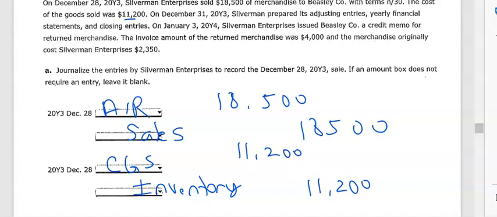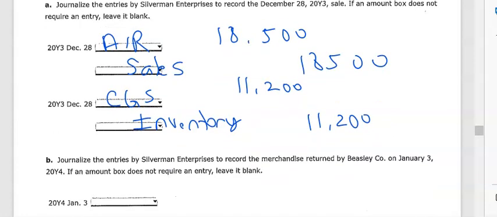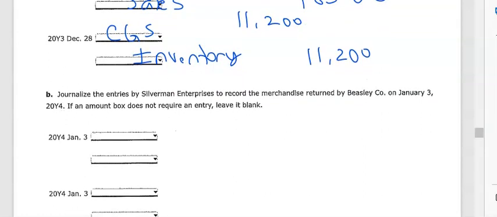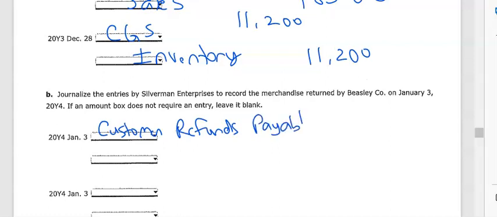Okay, let's keep going. Now, part of that sale was returned to us. Knowing that we've already journalized an adjusting entry, we just use up some of that adjustment when they return it to us. So we're going to do customer refunds payable. We're going to take it out of that. We set it up just for this situation, so we're going to use up some of that.